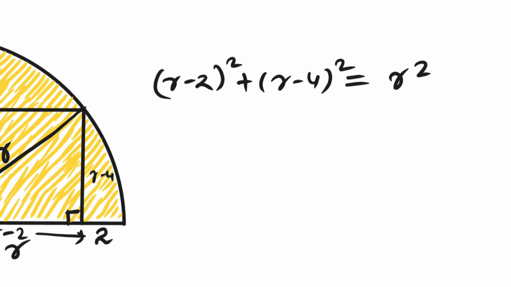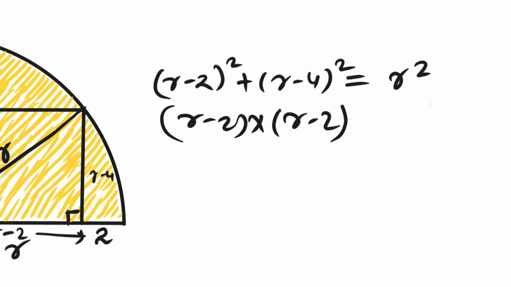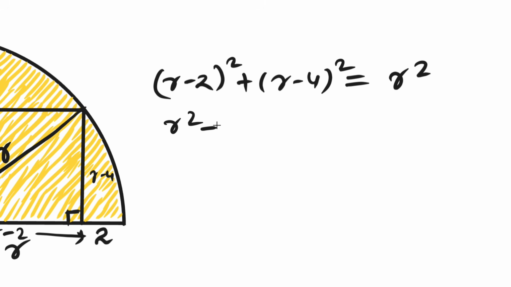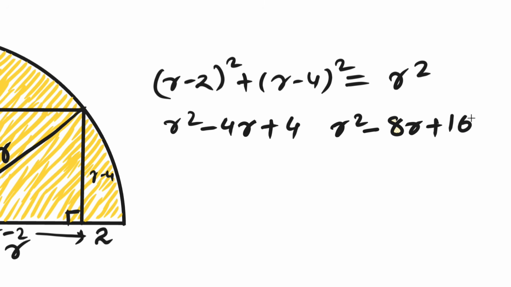Now we need to expand these 2 squared expressions. When we square r minus 2, we multiply r minus 2 by r minus 2. That gives r squared minus 4r plus 4. Similarly, when we square r minus 4, we get r squared minus 8r plus 16.